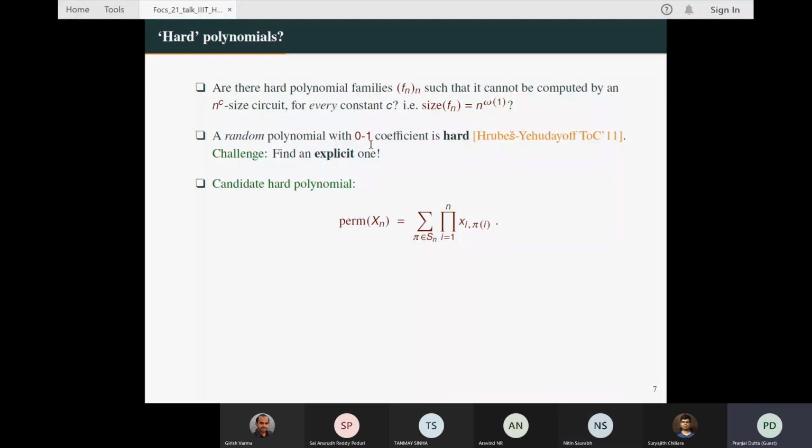That is the difference from working over F2, where we don't have the choice of using such constants.